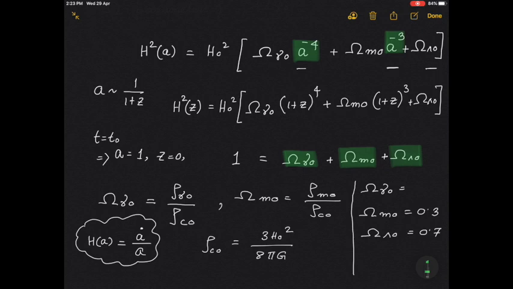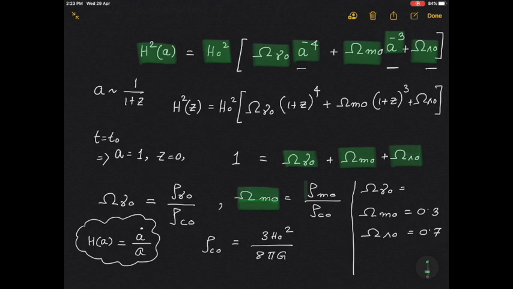Using these, we figured out that we can write the Hubble constant, which we will now call the Hubble parameter, as a function of a, like this, in terms of the Hubble constant and these parameters of the matter densities. These omegas are called the omega parameters or density parameters of the universe. How are they defined?